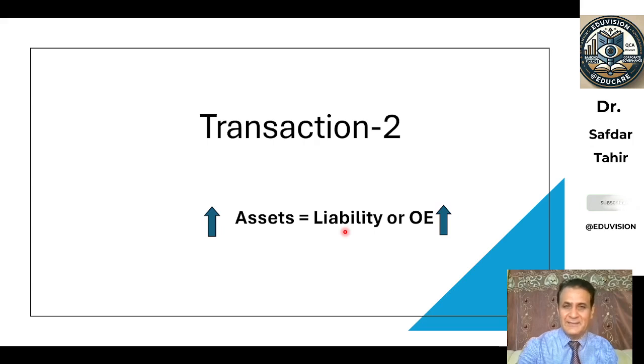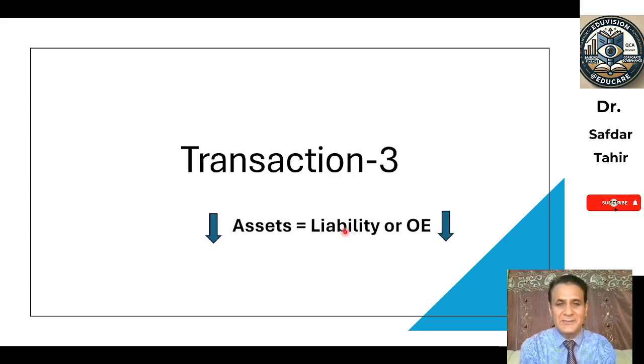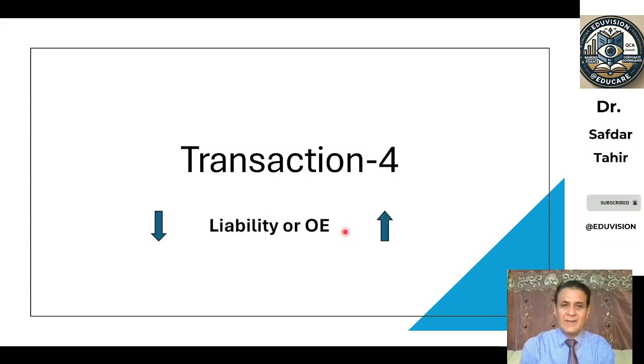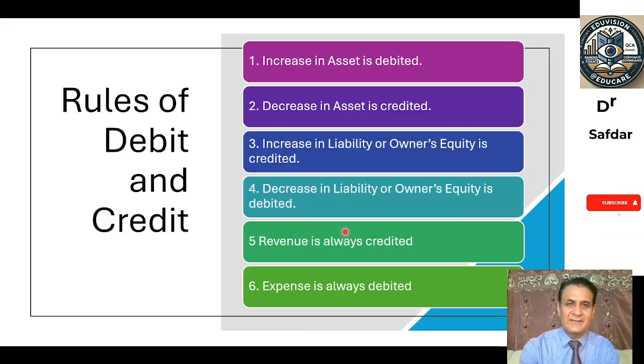The third form of transaction is that some assets go down, and in accordance with these assets, liabilities and owner equity may go down. Then maybe we pay some liabilities, and the liabilities going down, or owner equity going up. These are the forms of transactions.